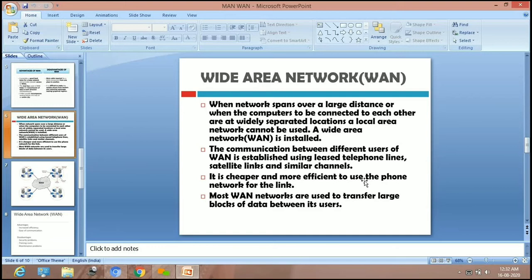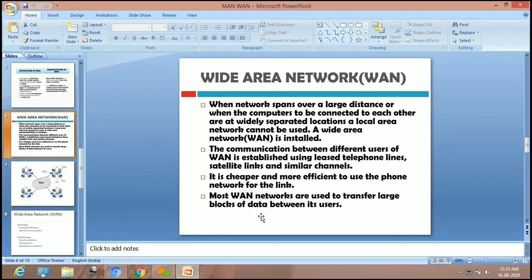The satellite links can be used, similar channels can be used, and it is cheaper and more efficient to use the phone network for the link.